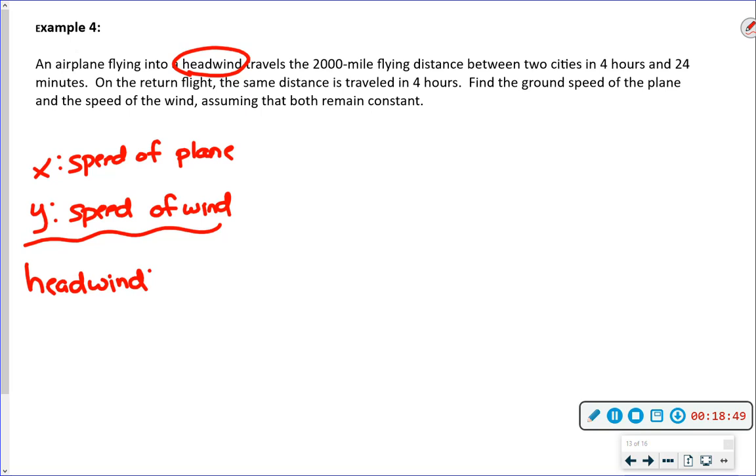So you want to take the speed of the plane and subtract the speed of the wind, because it's going to slow you down. It's awful. Now if you were flying with the wind, everybody likes with the wind. If you are flying with the wind, speed you up or slow you down? Speed you up. So you're going to add the speeds together.